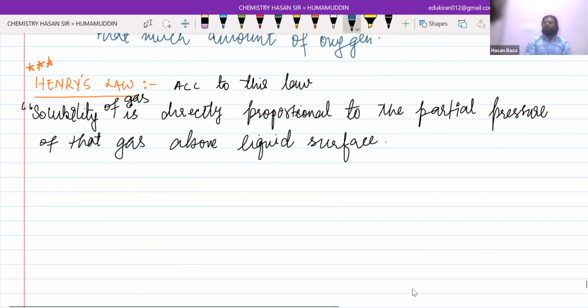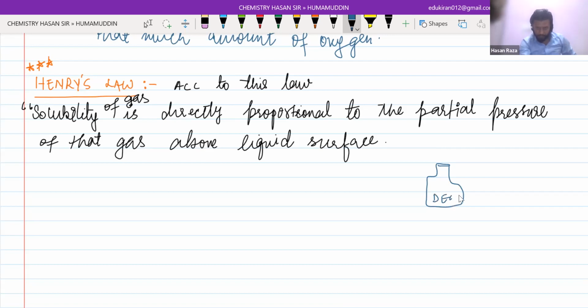I'm going to tell you what this is. As I told you, about the effect of pressure on the solubility of gas in liquid, we will study in Henry's law. So first of all, I'm going to take an example of a cold drink. This is your cold drink bottle. You know that in a cold drink there is liquid, and above this liquid there is gas.